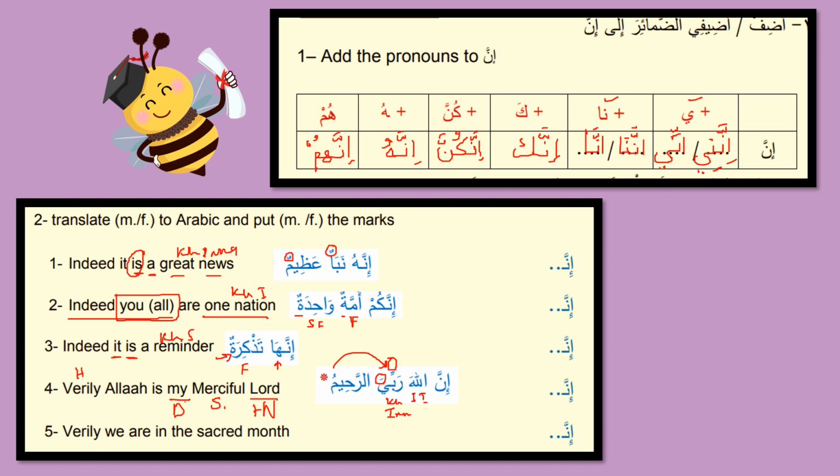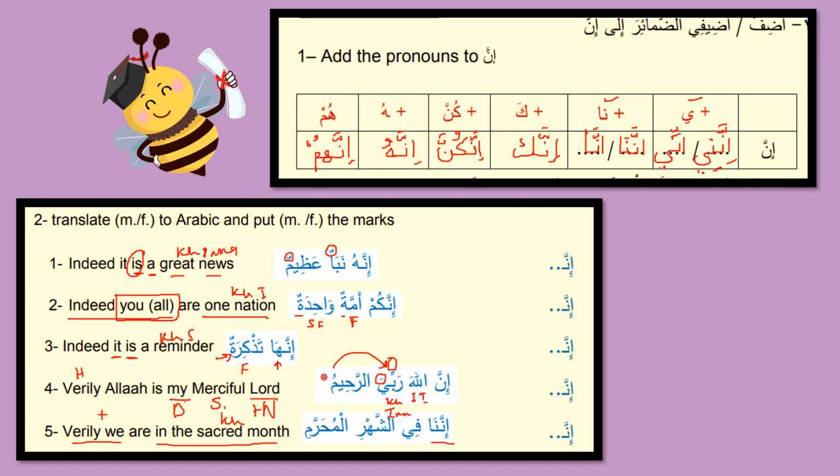Verily, we are in the sacred month. Verily, we, indeed, and the damir here, are in the sacred month. So let's see what the translation is. Indeed, we. Either you can take inna or you can take innana. Both are correct. Innana fi, in the sacred month, is our khabar inna.